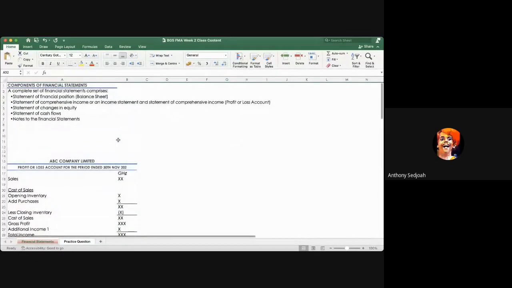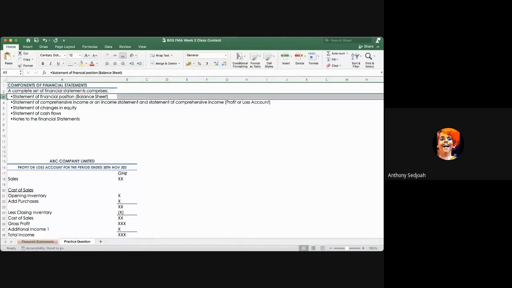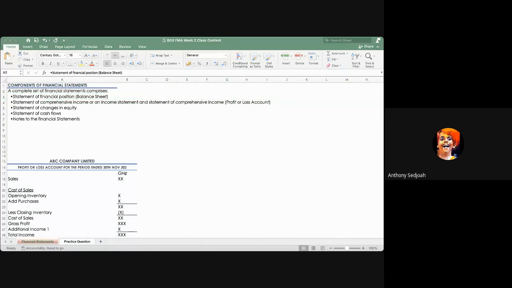So a quick recap. Last week we said that we have 5 financial statements. The statement of financial position, which is the balance sheet. Can anyone give a small summary of the balance sheet, or basically what I'm expected to find in the balance sheet? You remember the elements of financial statements?